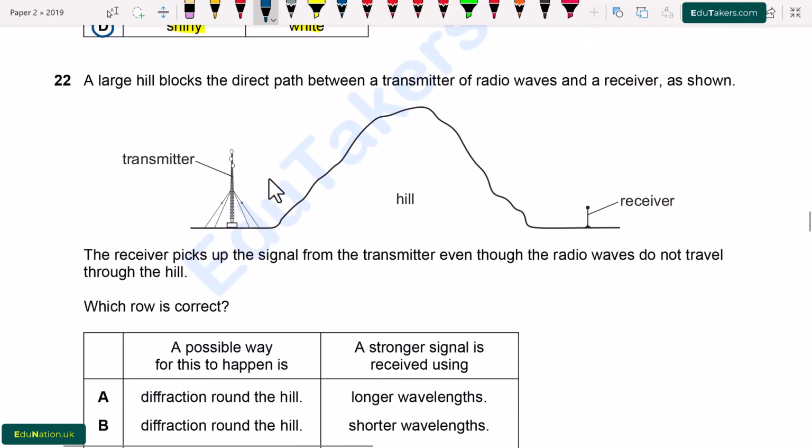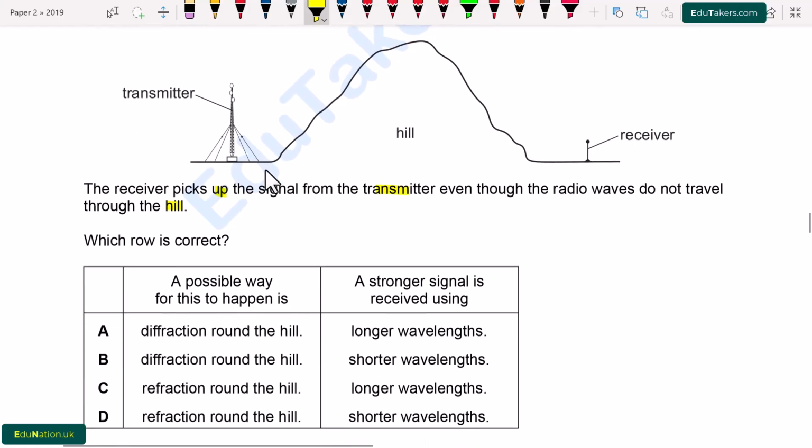Question number 22. A large hill blocks the direct path between a transmitter of radio waves and the receiver as shown. The receiver picks up the signal from the transmitter even though the radio waves do not travel through the hill. Which row is correct?